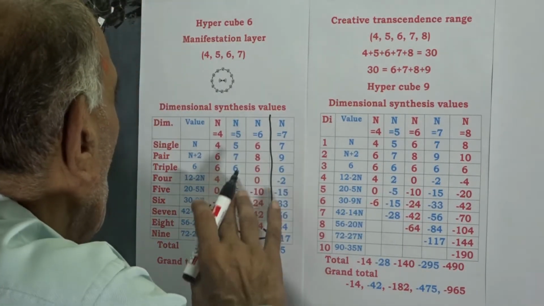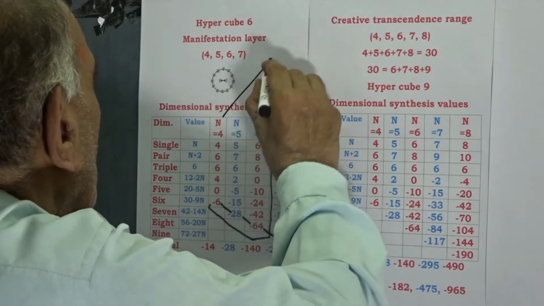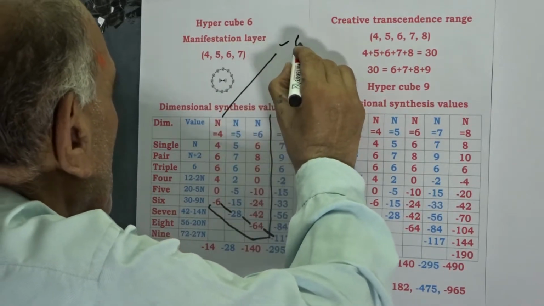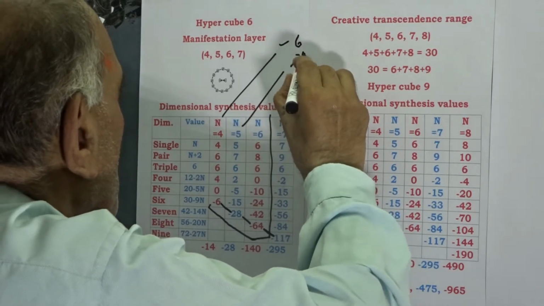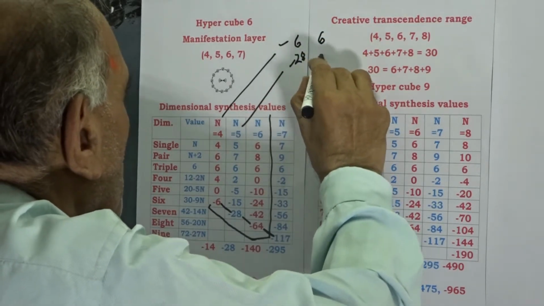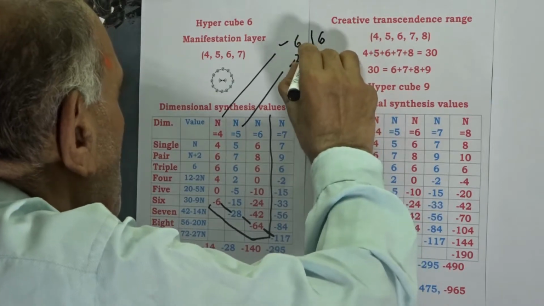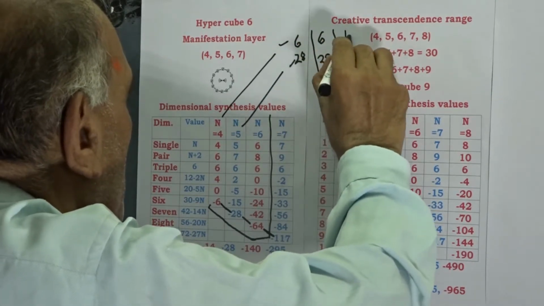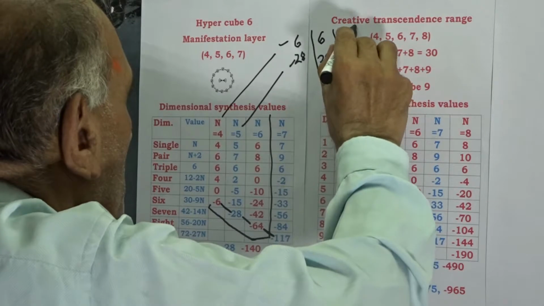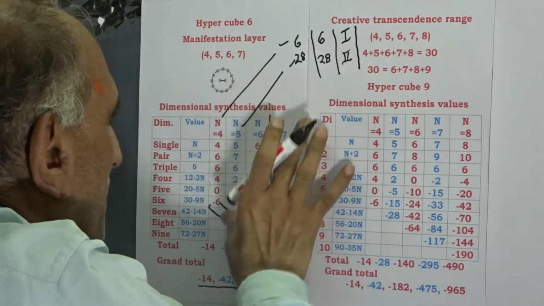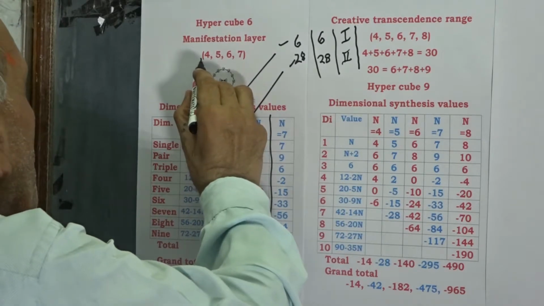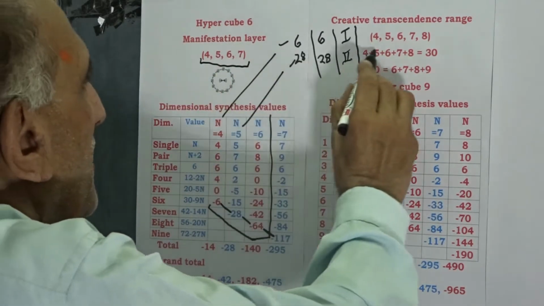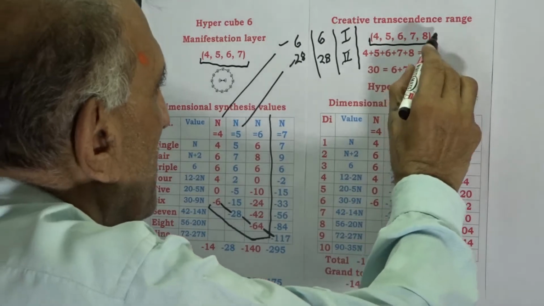Now we know that n is equal to 4 takes us to value minus 6, n is equal to 5 is taking us to value minus 28, 6 is a Suryank, 20 is a Brahmank. This is the first perfect number, it is the second perfect number. Therefore, this system being reached that way would mean we start with a 4-fold manifestation layer to a 5-fold transcendence range.